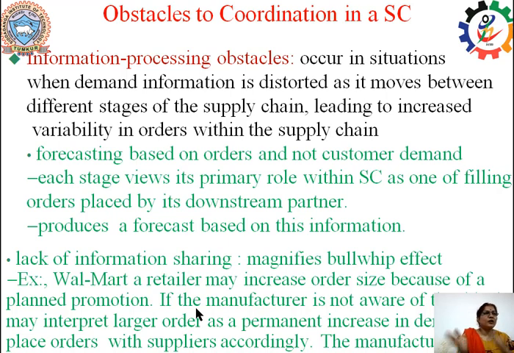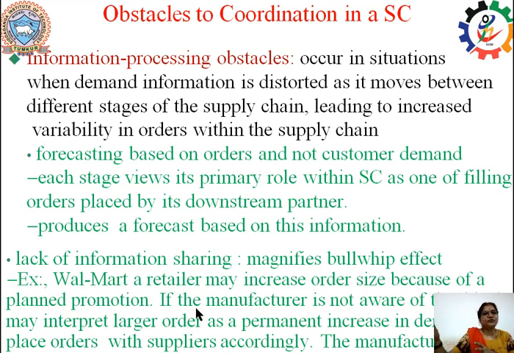But what happens to the next upstream stages? They are not in direct contact with the customer. So they go for a little bit of guesswork. Particularly manufacturer and suppliers, they don't have any clue about the demand. And what demand they get from their lower stages, they start forecasting based on that.